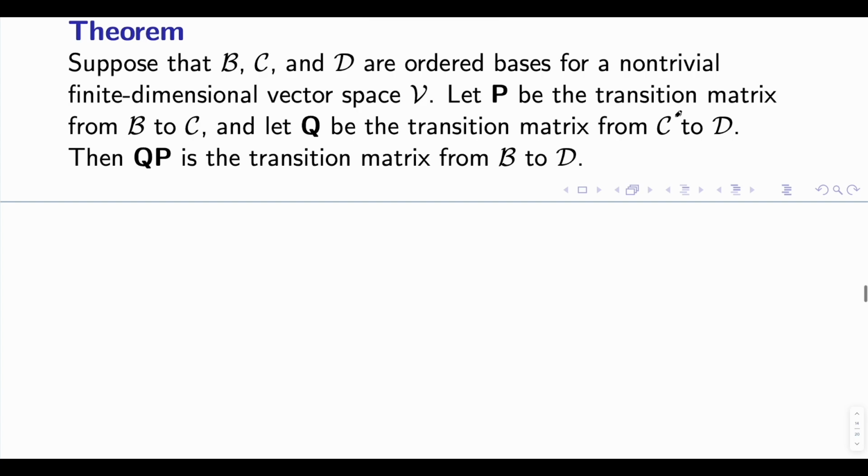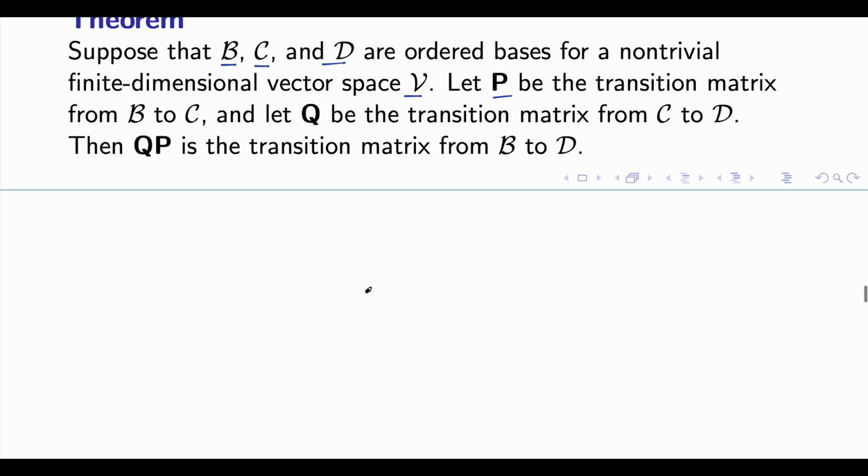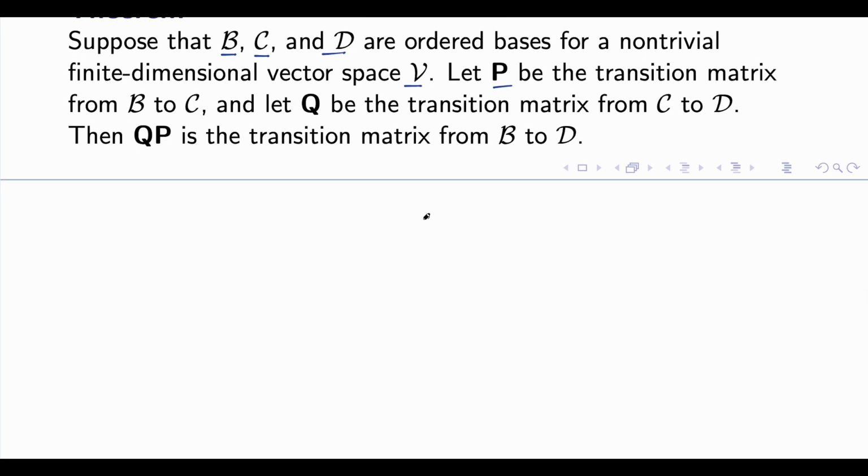And the last one here, if you see, B, C, and D are ordered bases for a non-trivial, finite-dimensional vector space, and P is the transition matrix from B to C. So if you see this result, B coordinates means coordinates with respect to basis B, and suppose you have C coordinates, and you have D coordinates.